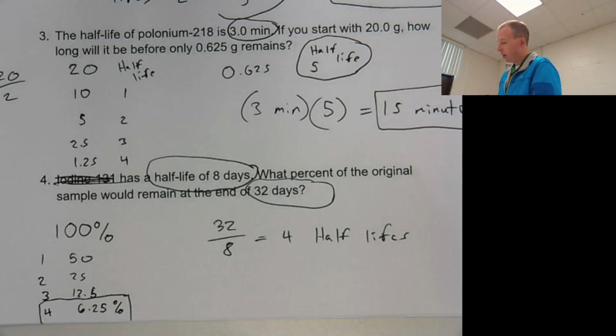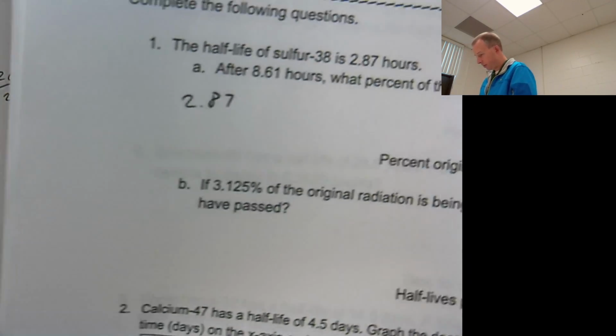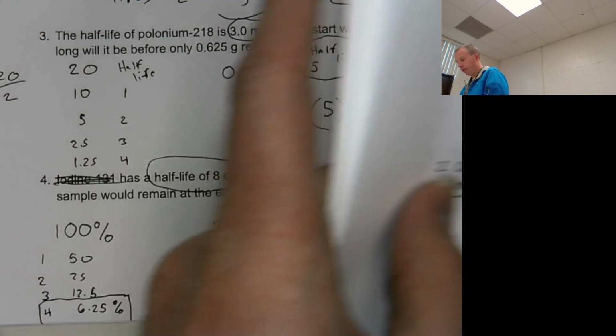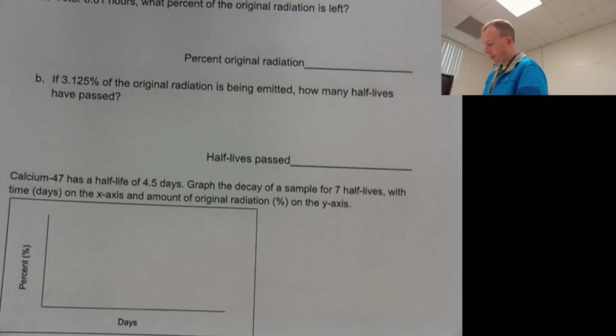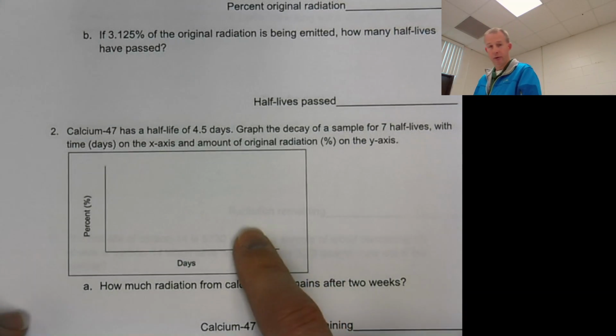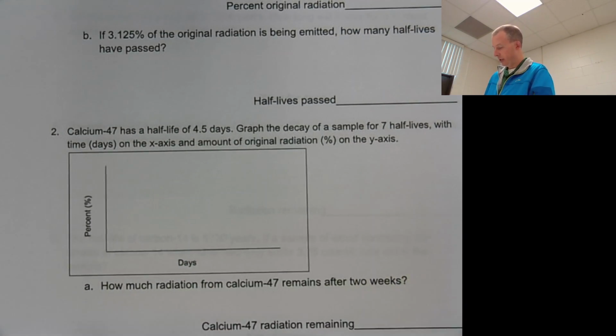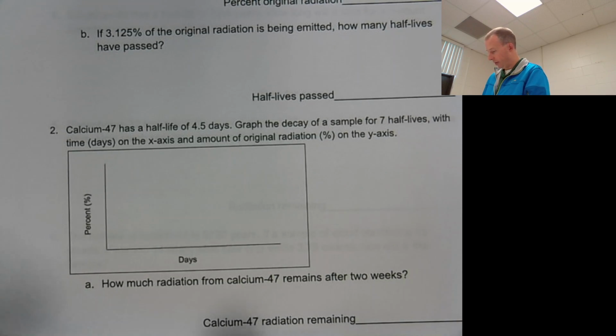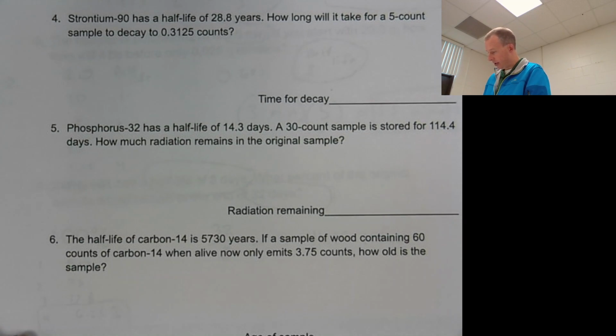All right. Now on the homework practice sheet you're going to be working on, it's pretty much all the same stuff. There's a graph it wants you to do. That's not a big deal. It's just, look at this and graph it. You're just graphing the decay. The rest of these are very similar to the examples I just showed you.